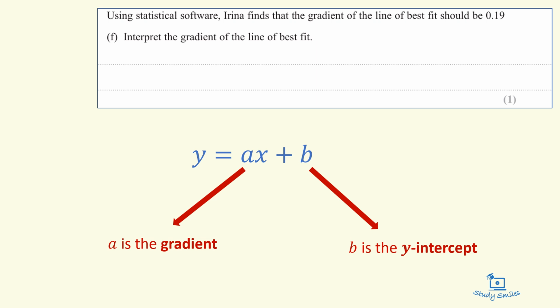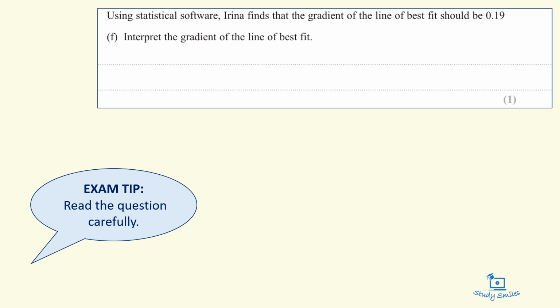We don't need to calculate any figures to answer part F, as we are given the gradient of 0.19 in the question. And we don't need to calculate the gradient of the line of best fit that we drew, for example. This highlights another important exam tip: to read the question carefully before you start to answer it.